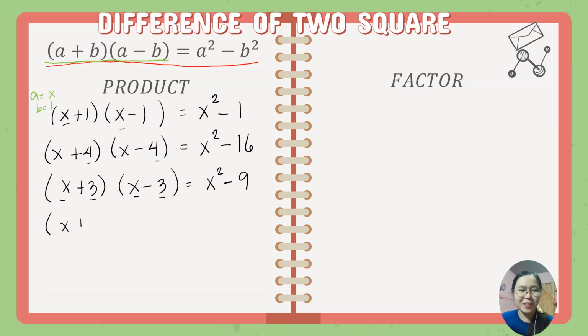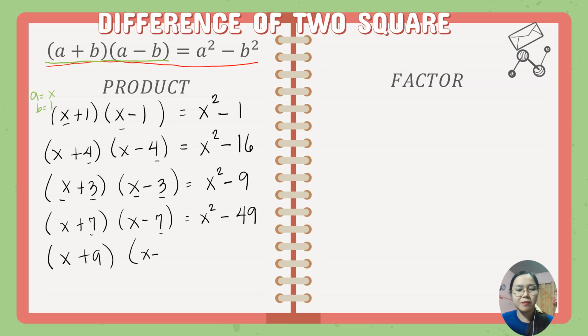Another, (x plus 7)(x minus 7). So x times x is x squared minus 7 times 7, which is 49. Last number, (x plus 9)(x minus 9). So simply x squared minus 9 times 9, which is equal to 81.